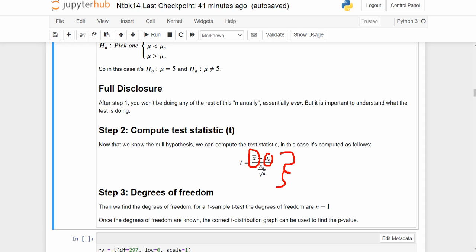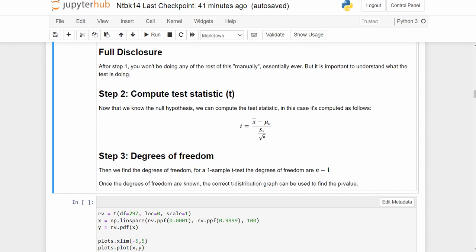Remember, that's equal to 5. The standard deviation from the sample and the sample size. So knowing the average and the standard deviation and the sample size, we can calculate the test statistic and we can find out this p-value. Well, the p-value was large. So what do we know?